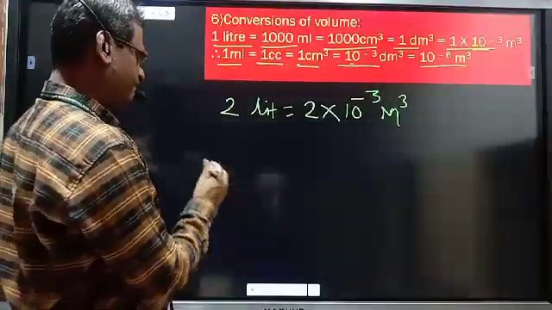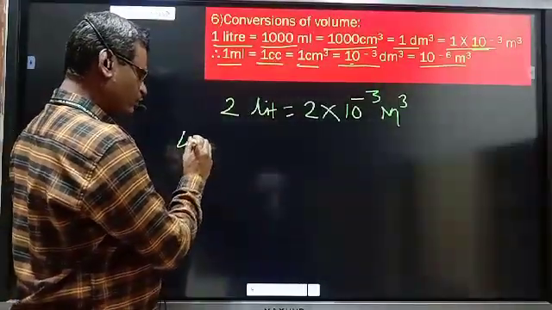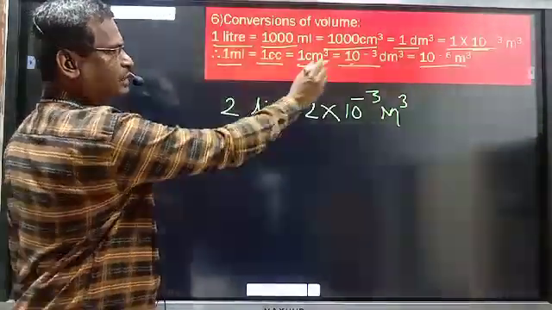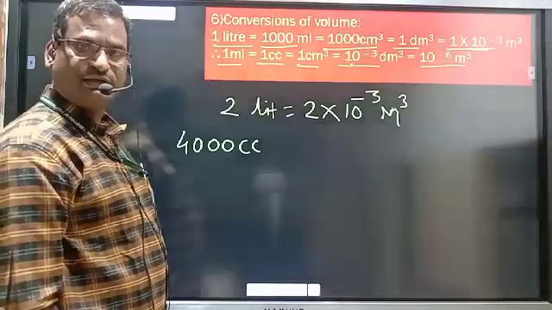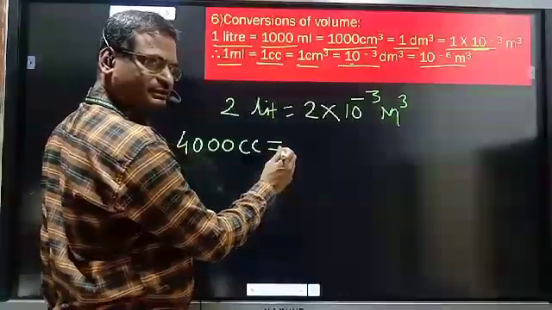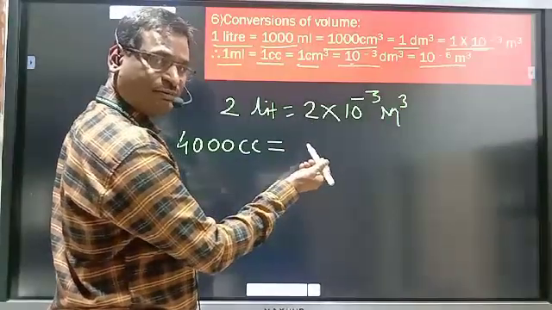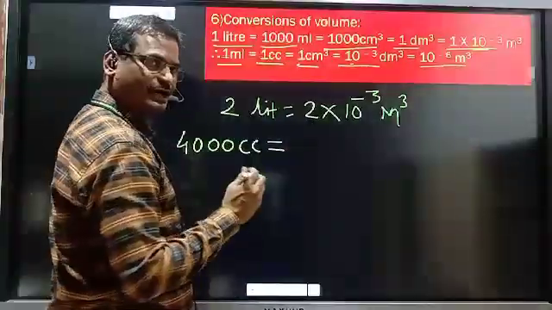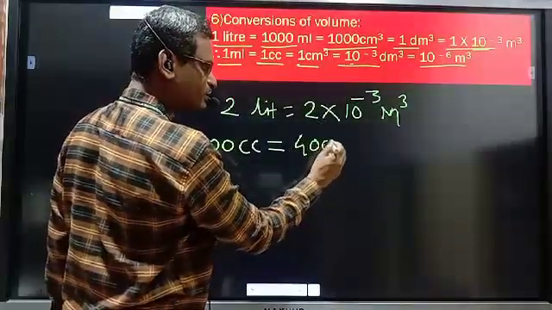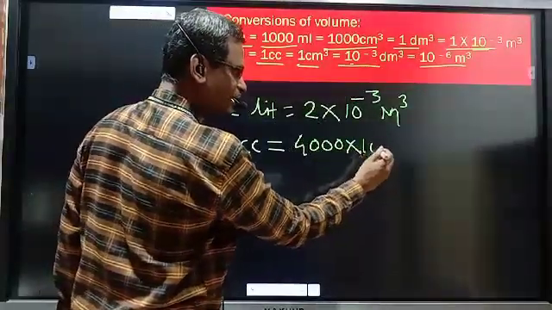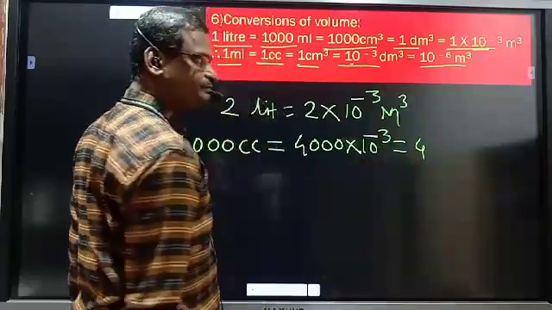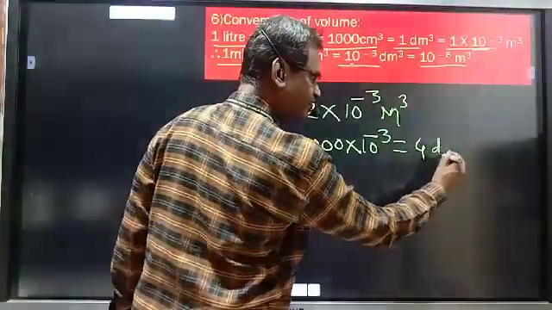For example, suppose we have 4000 cc, means 4000 milliliter. How much liter or decimeter cube is it? Multiply this by 10 raised to minus 3. So 4000 multiplied by 10 raised to minus 3 comes equal to 4 decimeter cube.